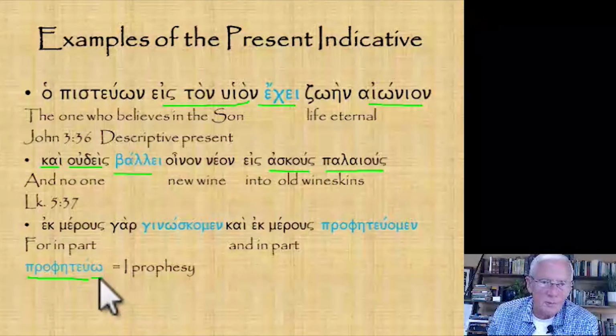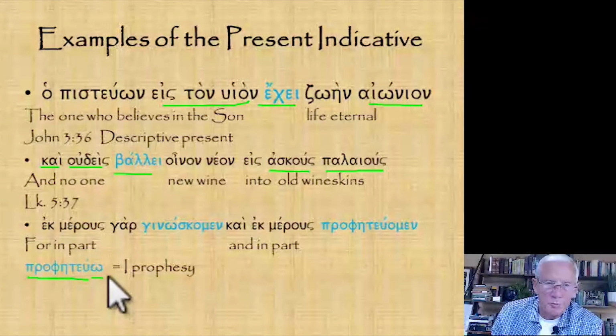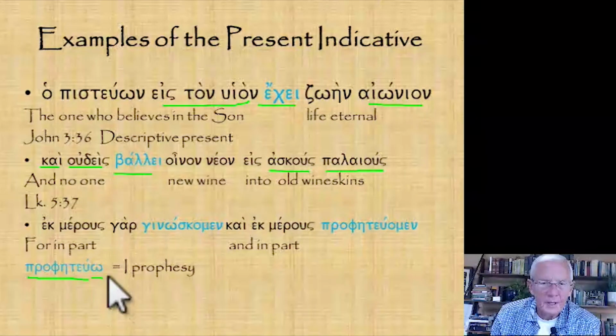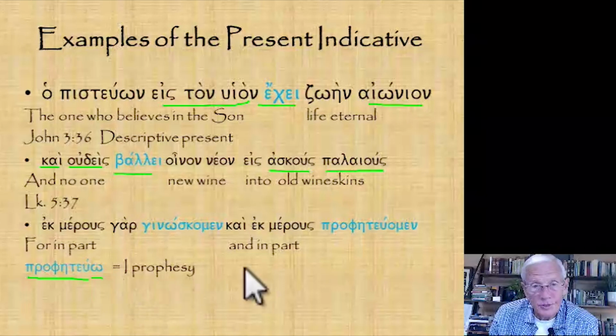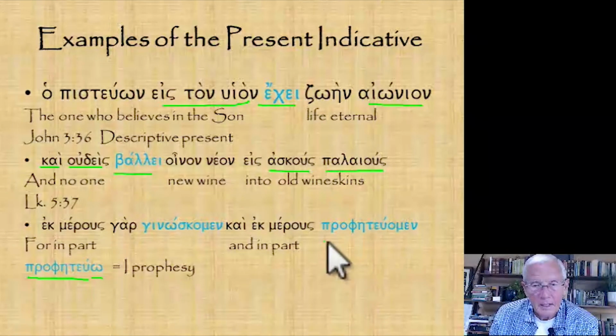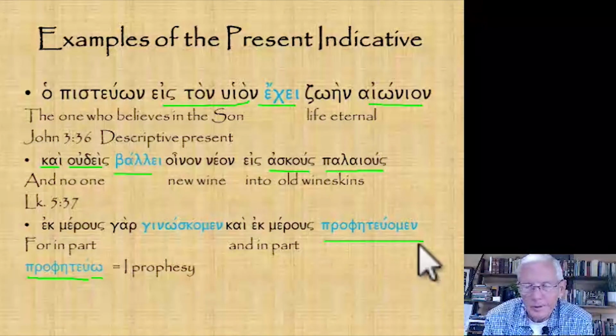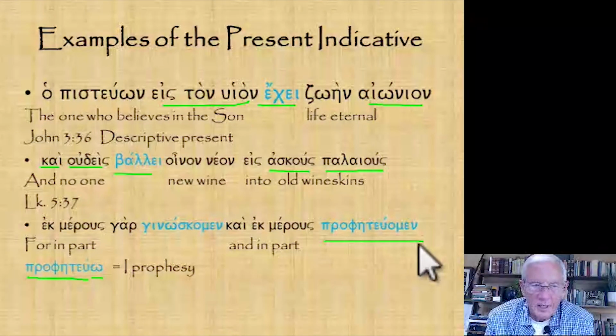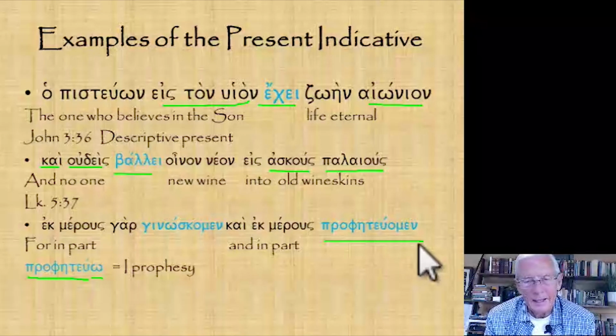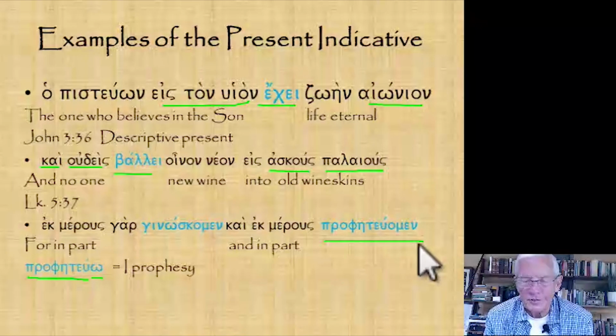Then we have ginoskomen. Present active indicative, first person plural. We know. Kai ek merous, and in part. Then we have propheteuomen, present active indicative, first person plural. We prophesy. So for in part we know, and in part we prophesy.